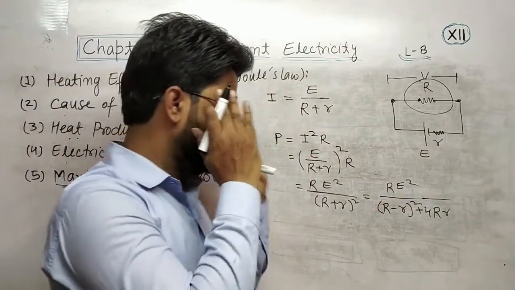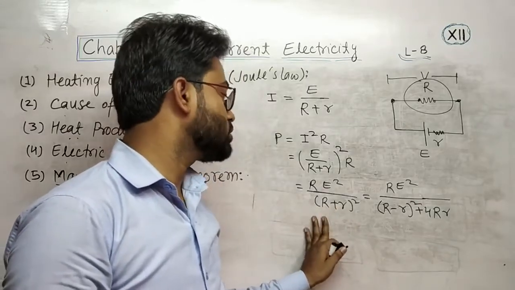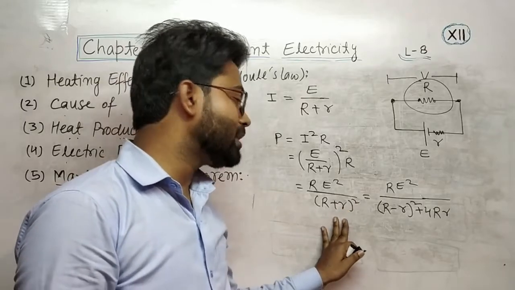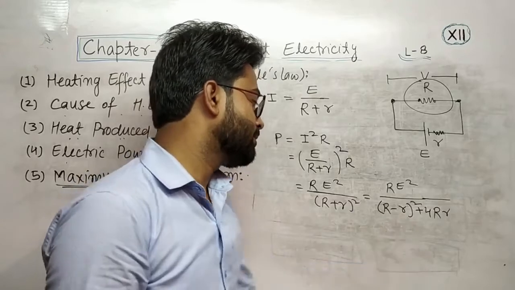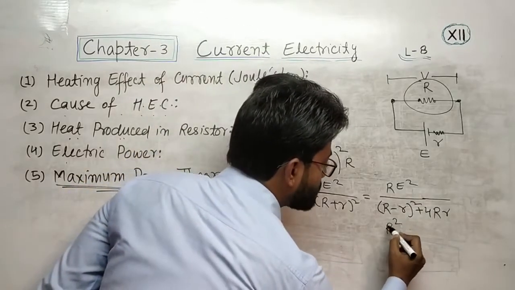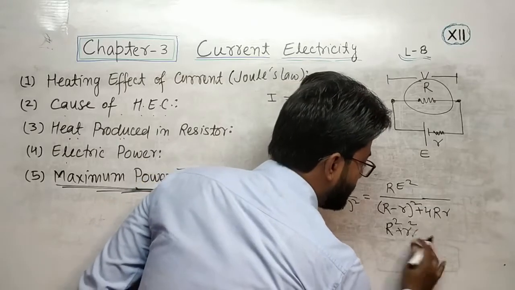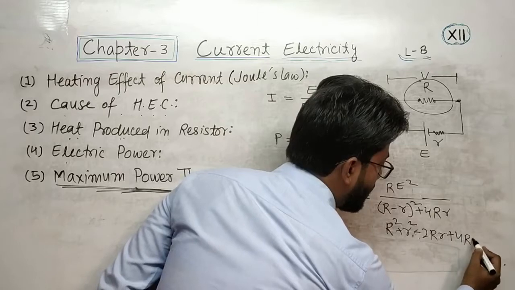We all know that if you expand (R plus r) squared, you get R squared plus r squared plus 2Rr. In this, you will get R squared plus r squared minus 2Rr plus 4Rr.